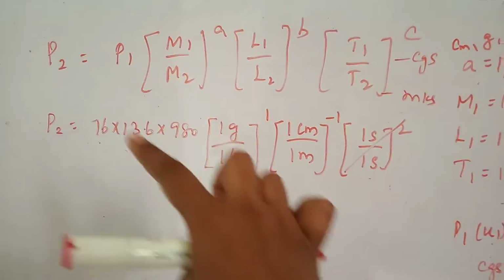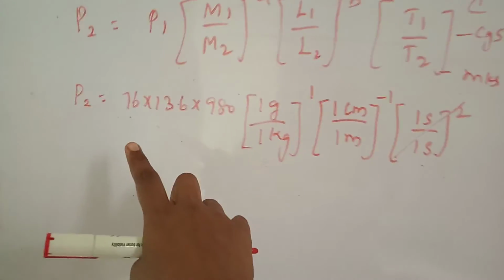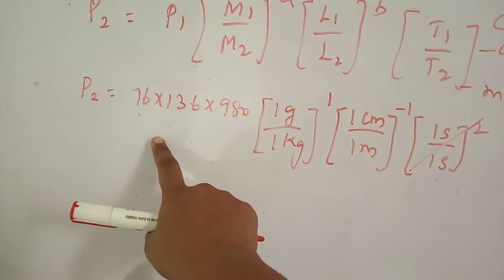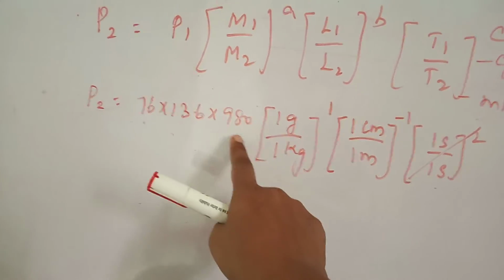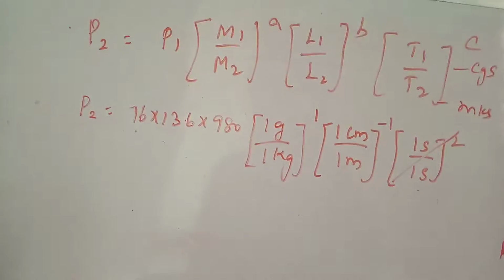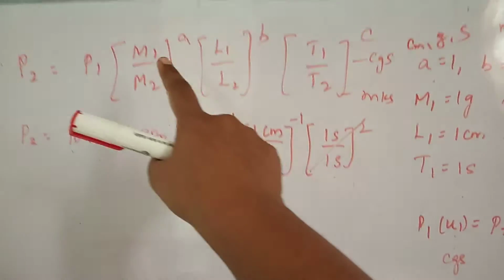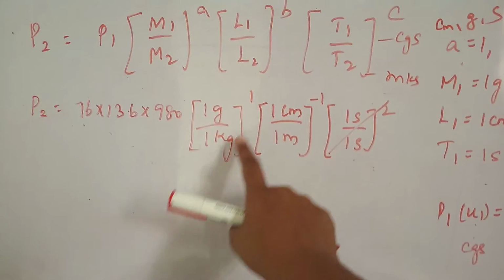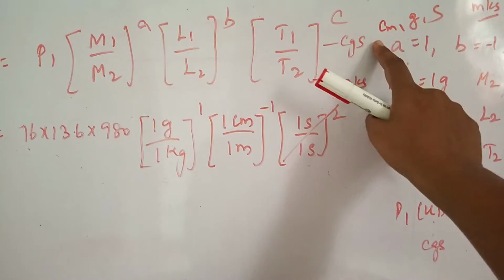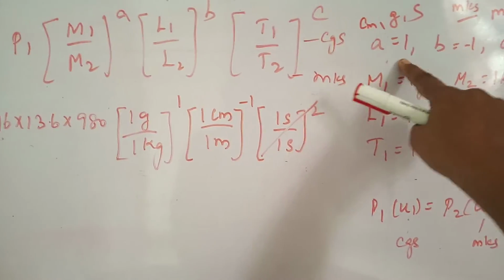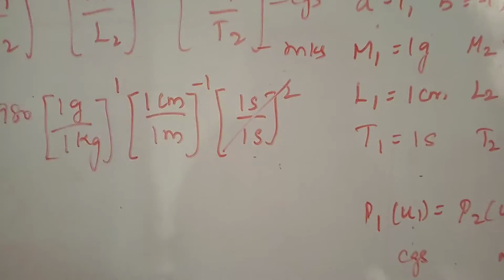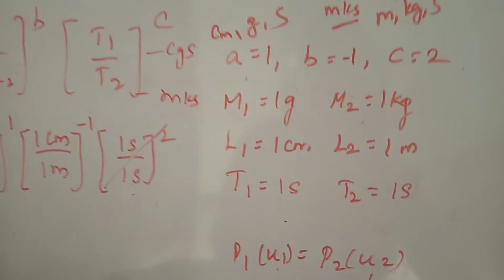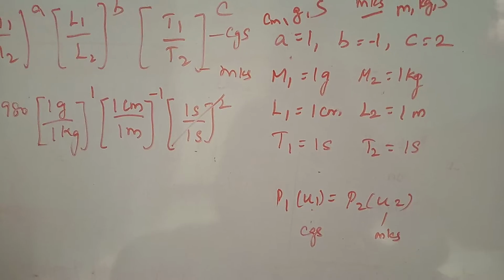So you are going to substitute the values here. For pressure P1, the number we have found is 76 into 13.6 into 980. And for mass, M1 by M2, for M1 it is 1 gram, by M2 it is 1 kilogram, power A. A value we know is 1. This is using the dimensions we have already discussed, right? So A is 1, B is minus 1, and C is 2.